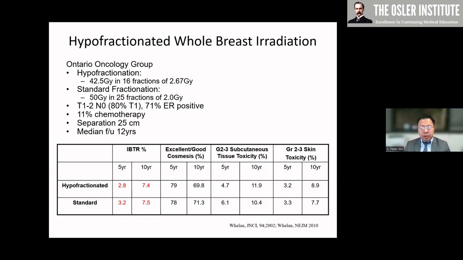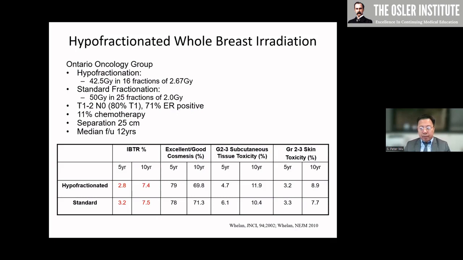There's the Ontario group, the Whelan fractionation, which provided an alternative regimen, but also a verification of the previous two findings. They used 42.56 gray in 16 fractions. And as you see, the hypofractionated regimen again had about the same 10-year recurrence rate as standard 50 gray in 25 fractions.